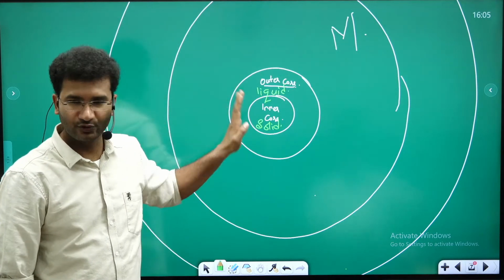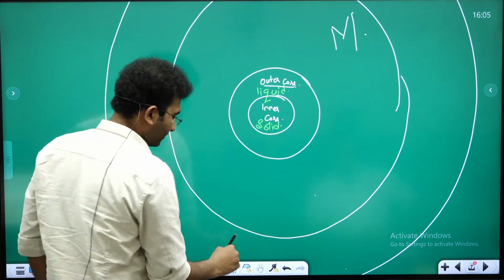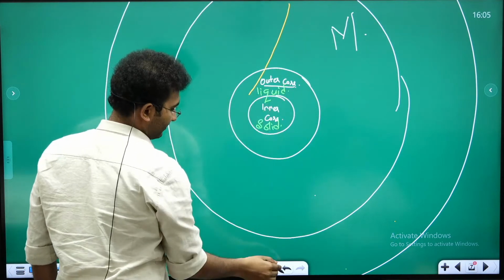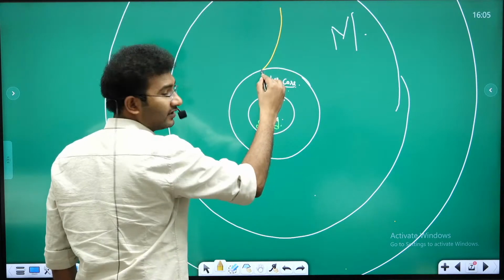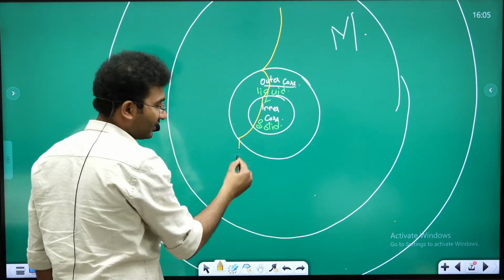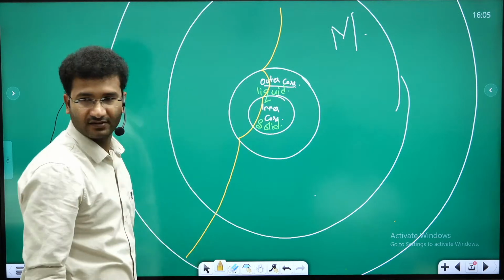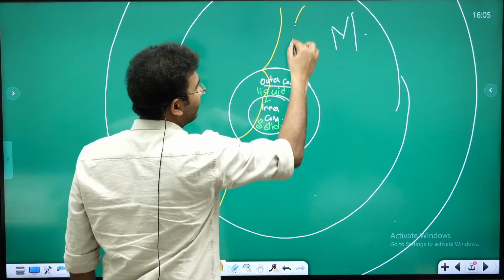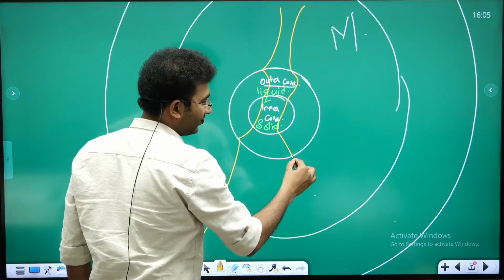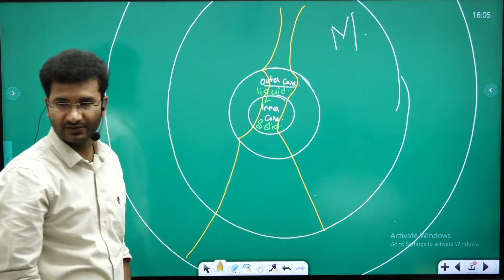I'm only asking you to imagine. Suppose you have a P wave: it comes, it refracts, its speed increases again, and then it goes. It comes, it refracts, it travels at greater speed, and it comes out. This is how the P wave comes out.